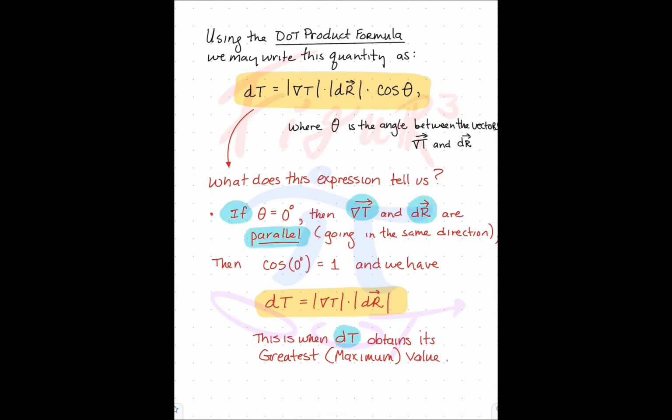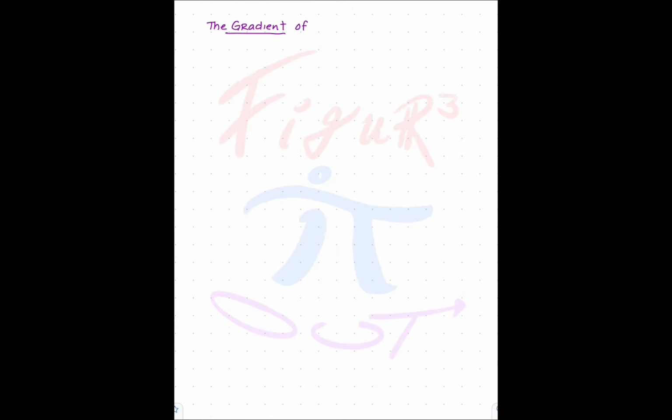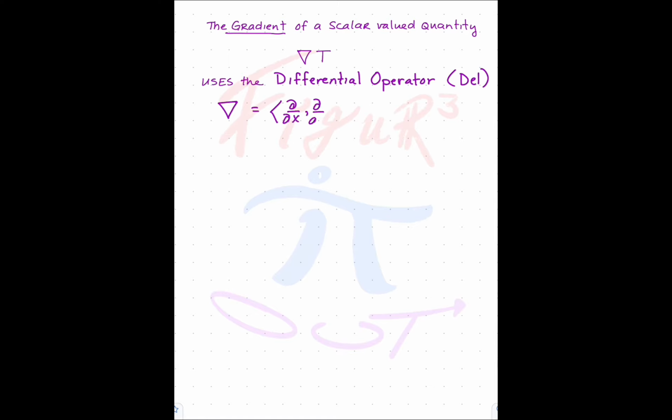Now, if we notice, that happens when it's parallel. The gradient of a scalar valued function, or quantity, del T, uses a differential operator, which is the partial derivatives along the different directions x, y, z. And it itself is considered to be like a vector.